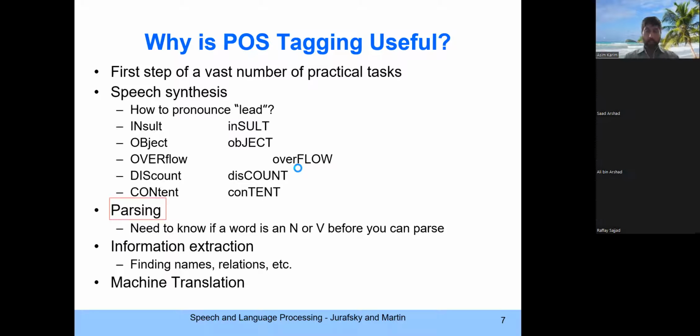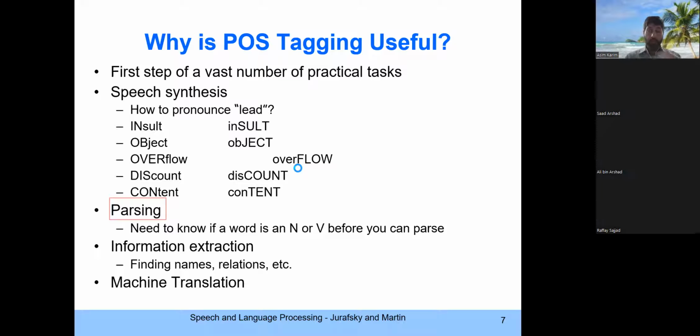Parsing is another application. I think I mentioned this last time as well. Basically, parsing is trying to segment or break down a sentence into constituent parts of importance. And usually, parsing is done to get a deeper understanding of running text or sentences. To do that, POS tagging might be important.